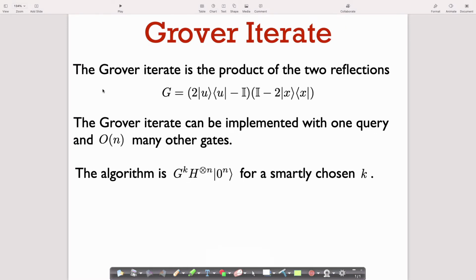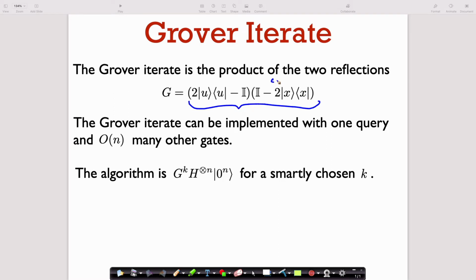As I mentioned, we're going to start off in the uniform superposition, and then we're just going to do a rotation in this two-dimensional plane, which is going to get us closer to x. More precisely, the rotation that we're going to do is defined by this. It's a product of two reflections.